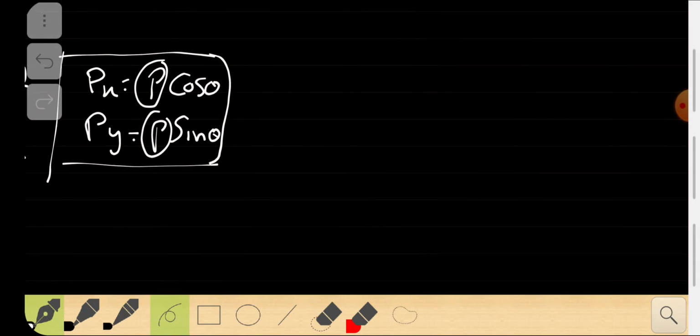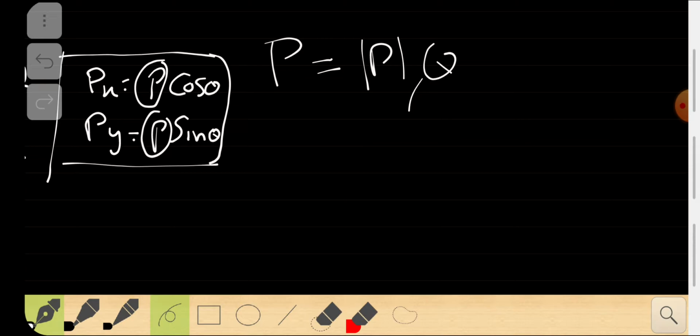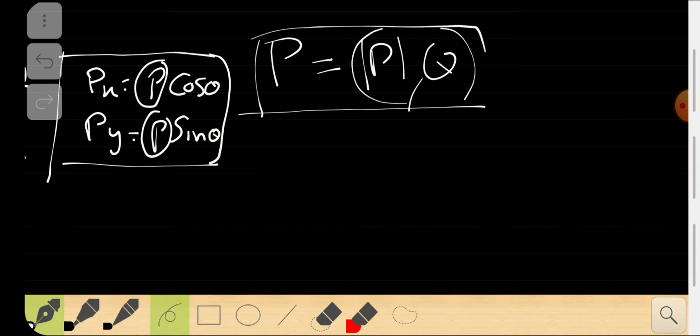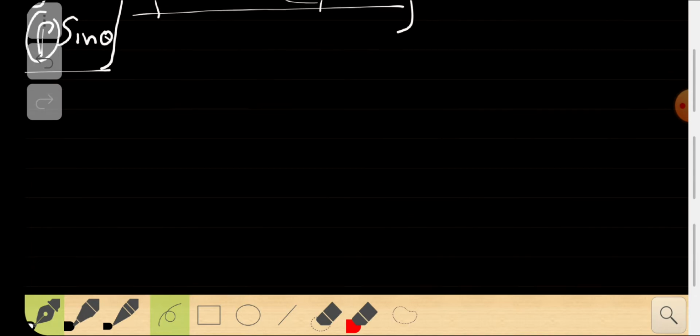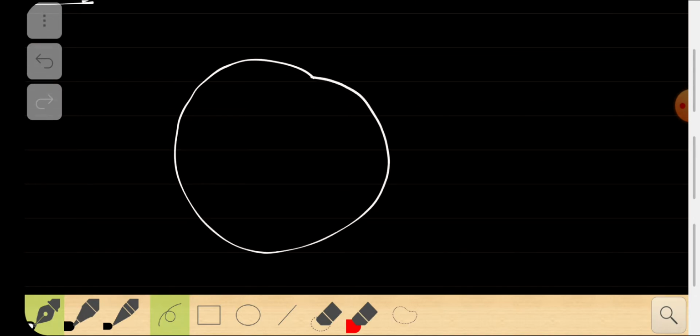So you generally represent the coordinates of a vector in terms of some magnitude P and some angle theta. That's called the polar coordinate system. This is called a transformation. With the polar coordinate system, you can use it on a circular basis.